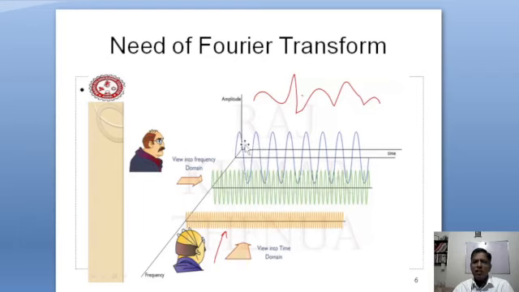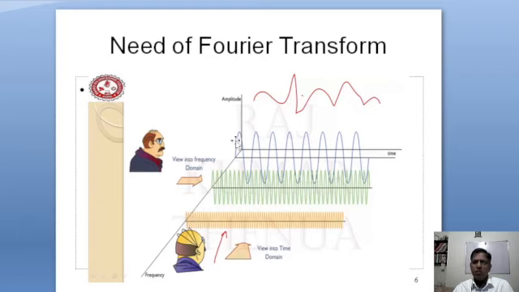Now you can see that the distance between the two successive peaks for the blue one is quite high. The distance between the two successive peaks of the green one is less, and that of the brown wave is very less.